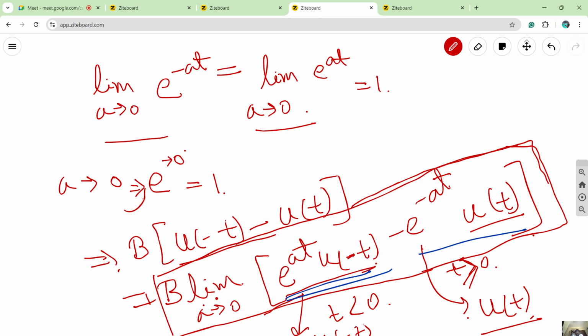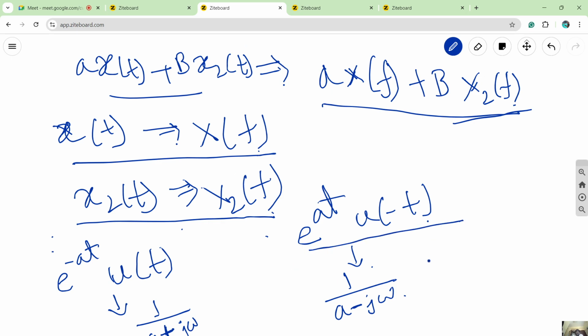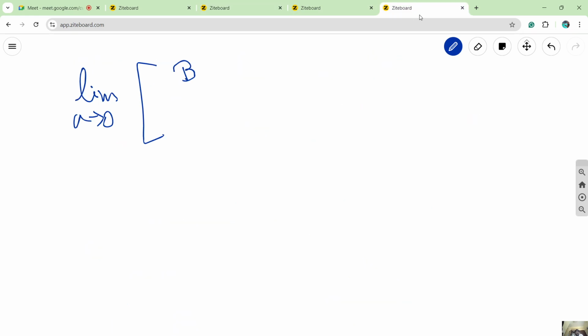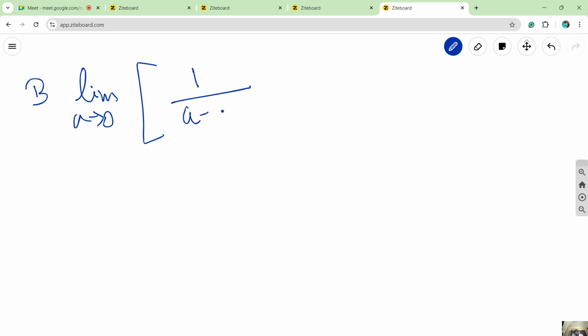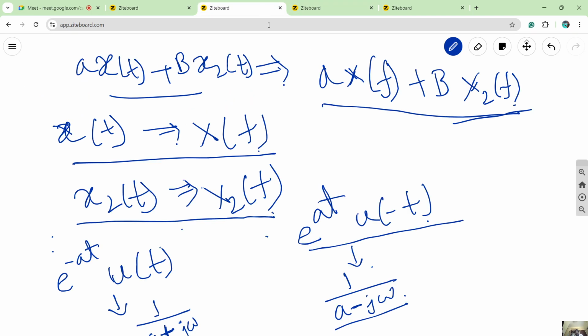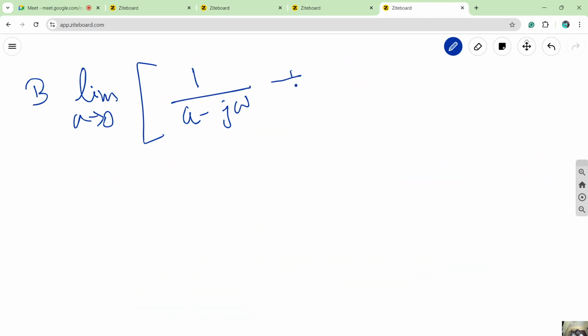And then the first term is b e to the power at u of minus t. So what was the Fourier transform of e to the power at u of minus t? It is 1 by a minus j omega. So b is outside, because there is a b term. And then I am just putting the Fourier transform a minus j omega from here. And then e to the power minus at u(t) has a Fourier transform of a plus j omega. So just put a plus j omega.